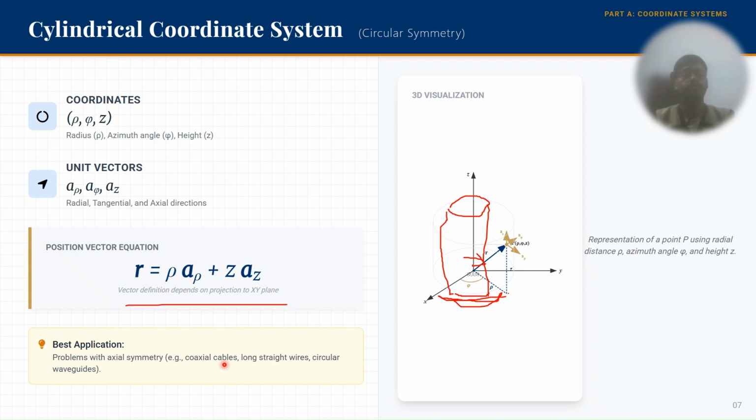Coaxial cable, you know very well, is what earlier cable TVs used, or the cable which connects your rooftop dish TV antenna to your set-top box. That is known as the coaxial cable. So for solving the electromagnetic field for that cable, we need to apply this cylindrical coordinate system.